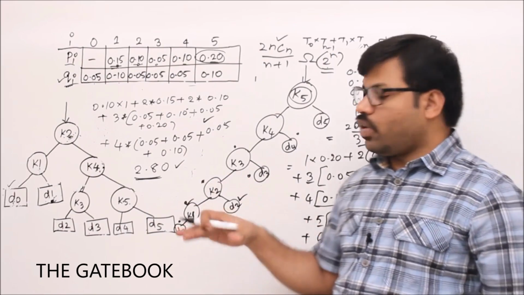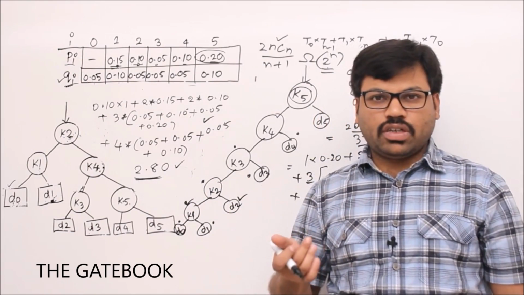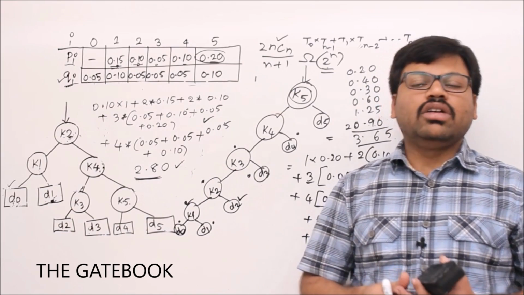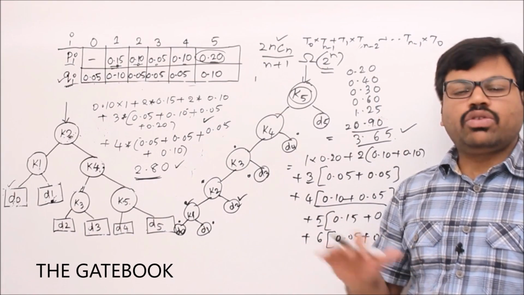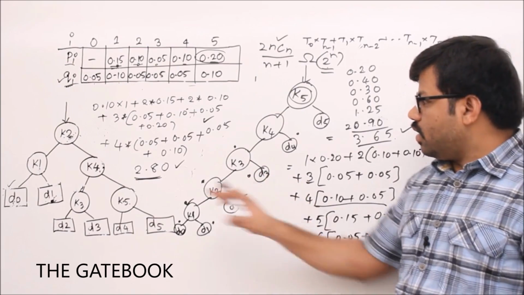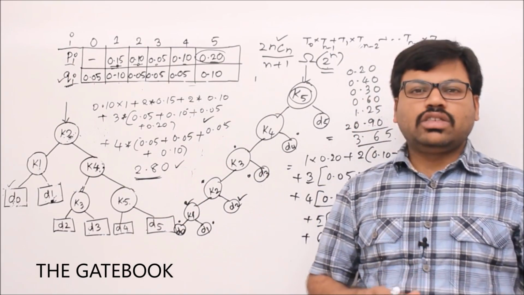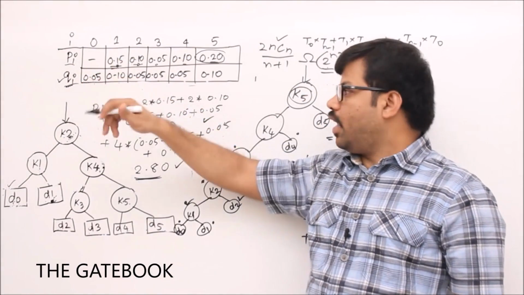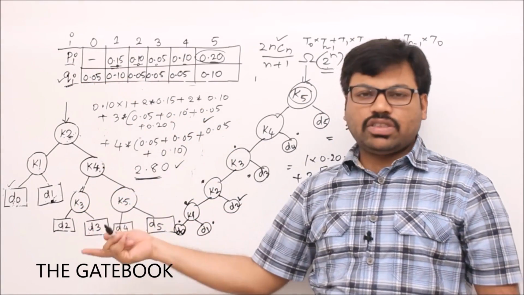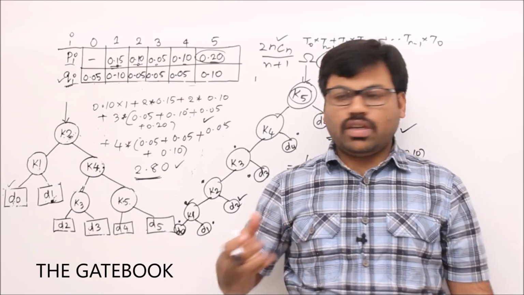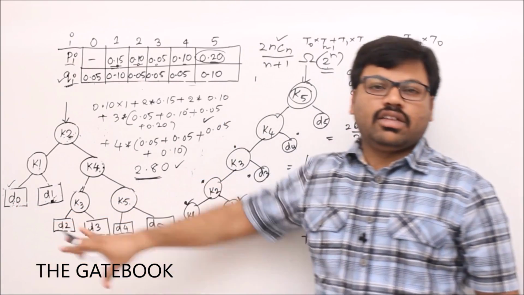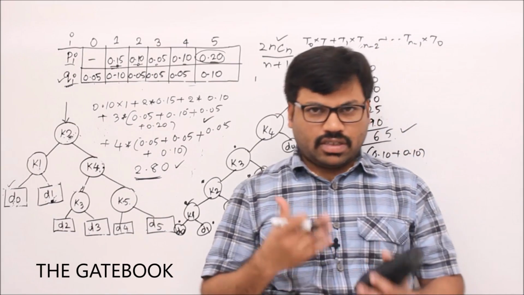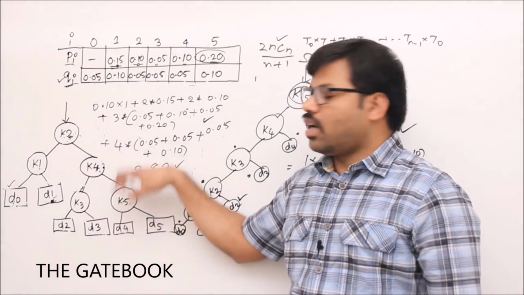So we are going to have an order of n cube solution, which is nothing but the optimal binary search tree problem solution using dynamic programming. How to do that I will tell you. Before that, this is the problem. Let's summarize it. Your problem is you have frequencies of the keys and frequencies of the dummy keys, which denote the unsuccessful searches, right? Given that, we have to optimize the structure of the tree so that the search cost will be reduced.